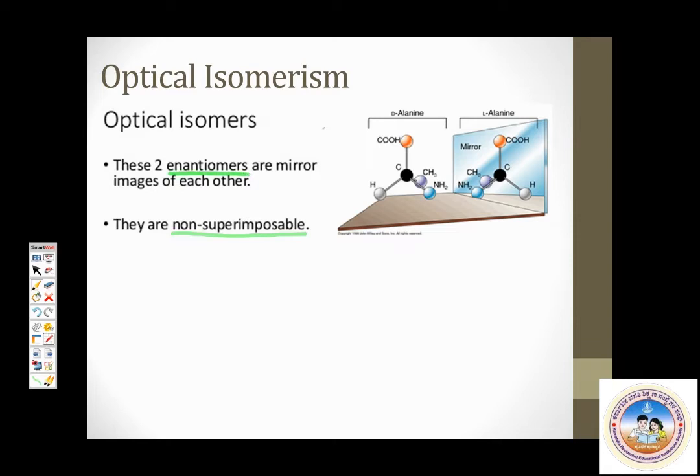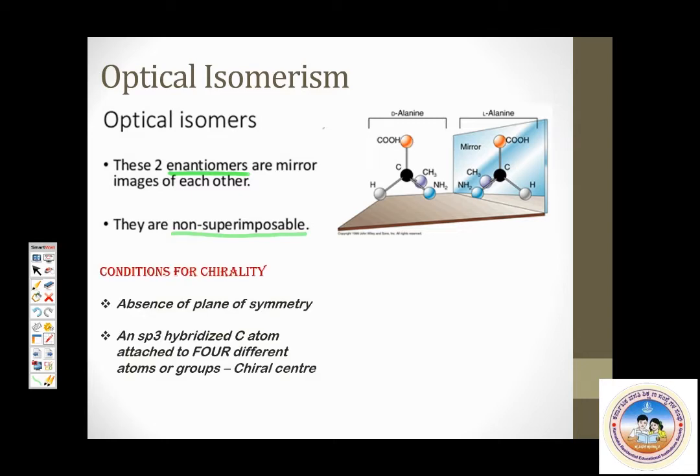Okay, and these compounds exhibit a very important physical property called optical activity, and hence they are also called optical isomers because they exhibit optical activity. What is optical activity? Optical activity is the ability of a compound to rotate the plane of plane polarized light. So these molecules are able to do it.